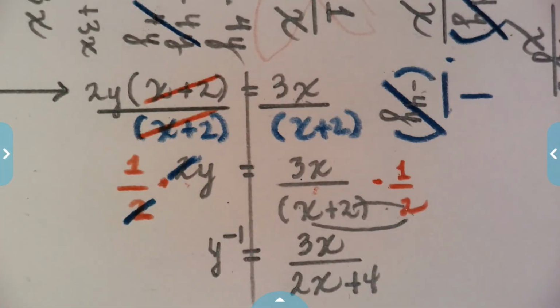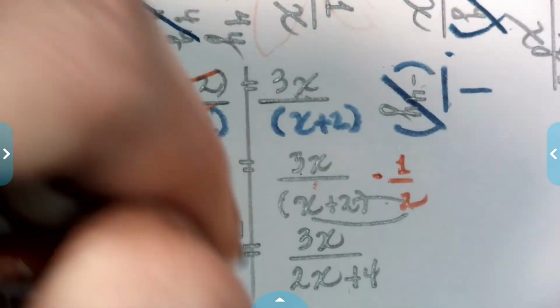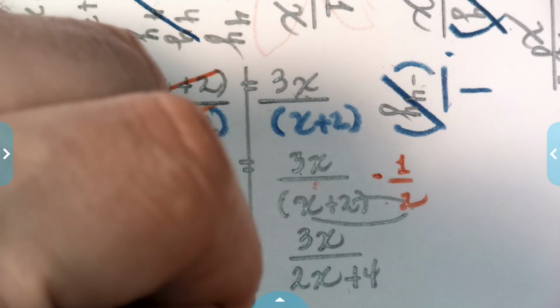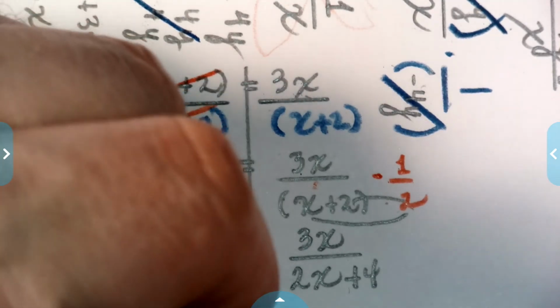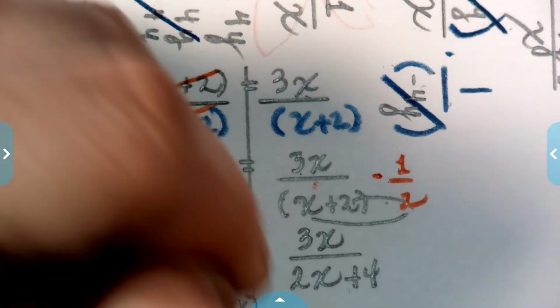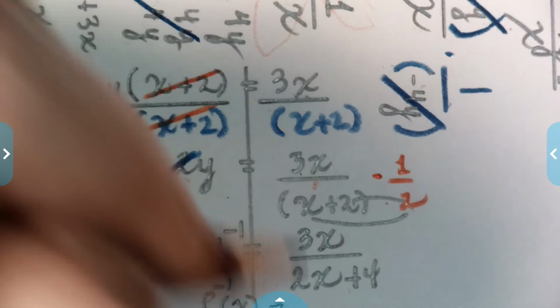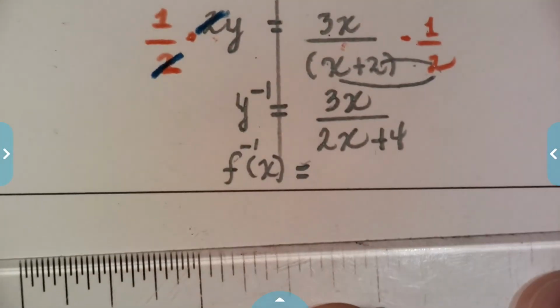And my final function notation would be f inverse x equals, and then here I'm going to run out of space again.